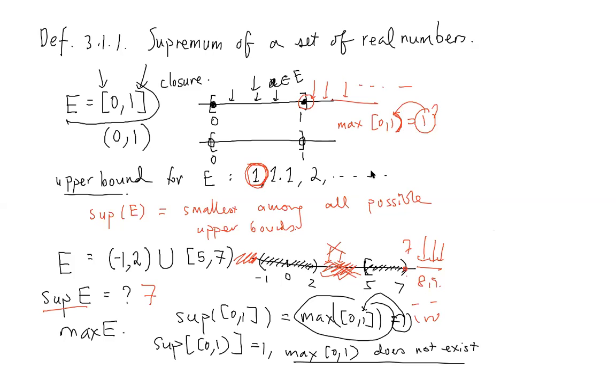It doesn't exist because maybe you can say that 0.999 is large, but you can always find another number that is larger than this. Like 0.999, and then you can keep on adding 9s. It doesn't end.